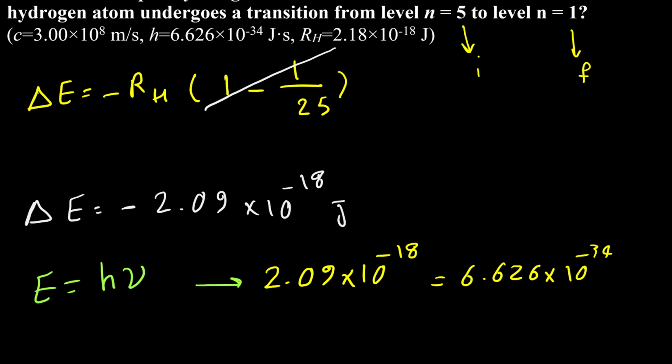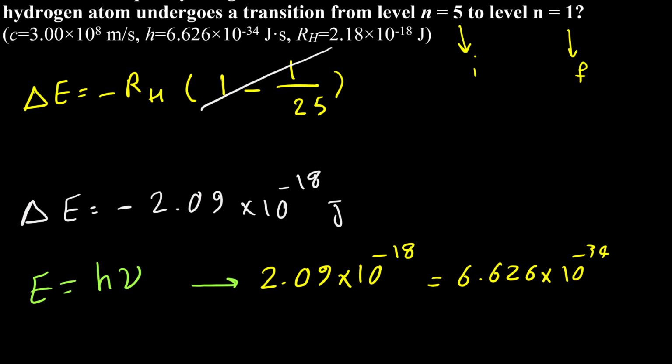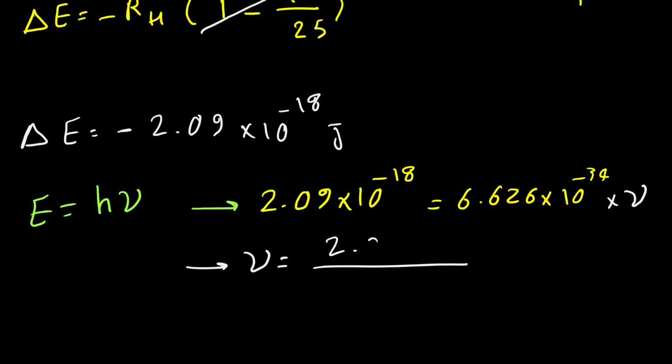times the frequency, nu, which we want to calculate. So nu is equal to 2.09 times 10 to the negative 18 divided by 6.626 times 10 to the negative 34.